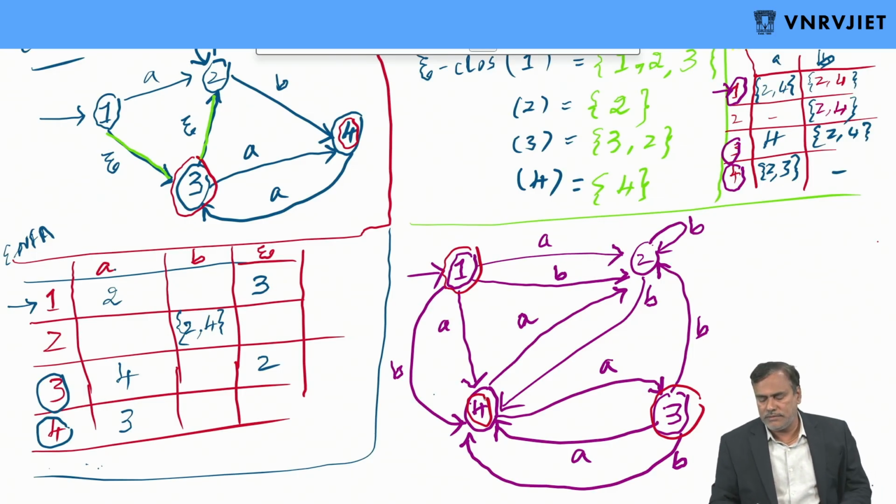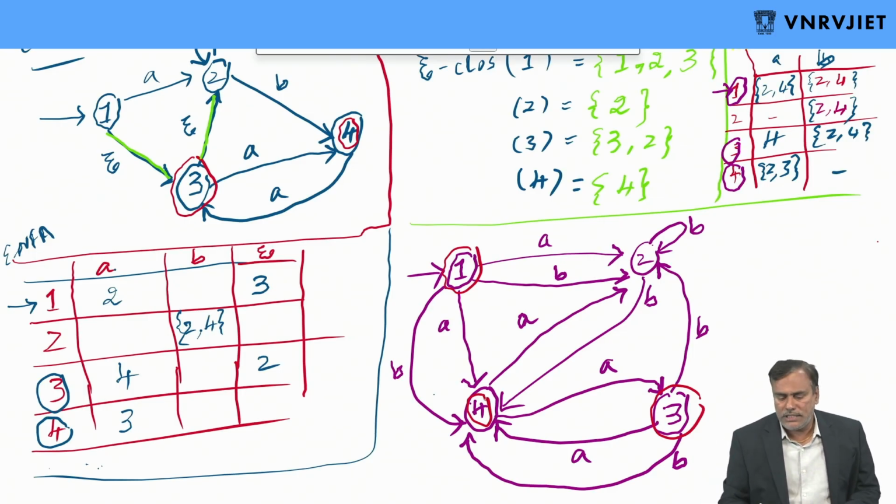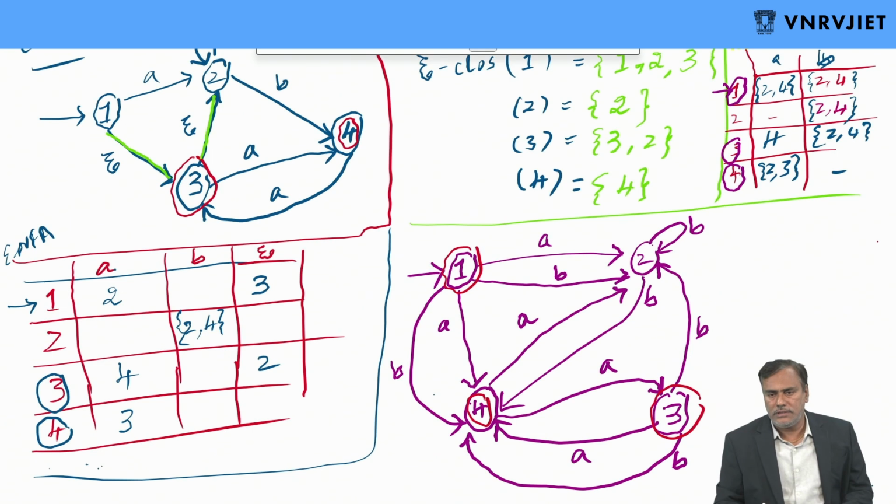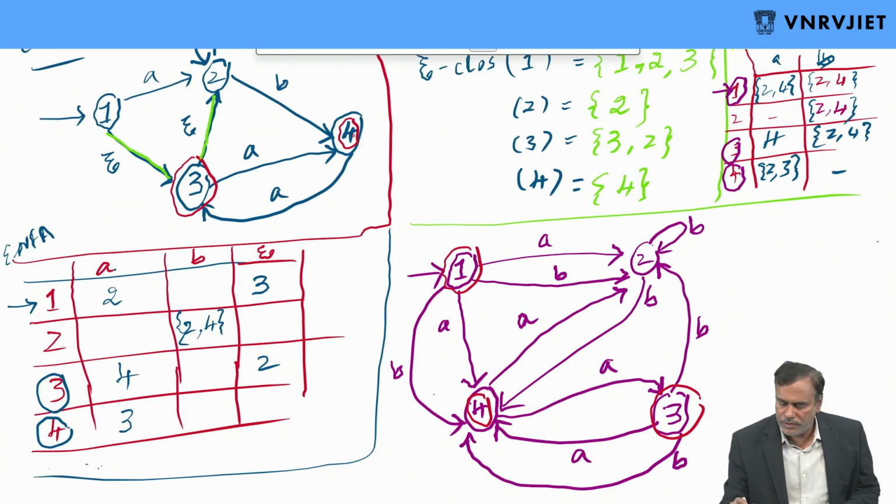If you take some string that is accepted by this epsilon NFA, it must also be accepted by this NFA. Take for example AB. In epsilon NFA, AB can be read as follows. From state 1 on A, you can go to state 2.